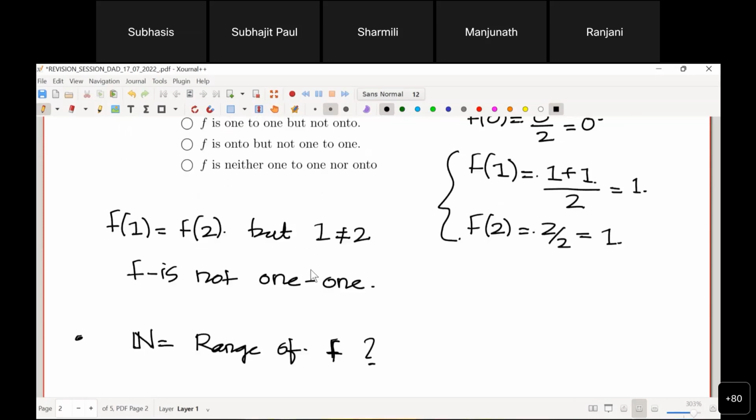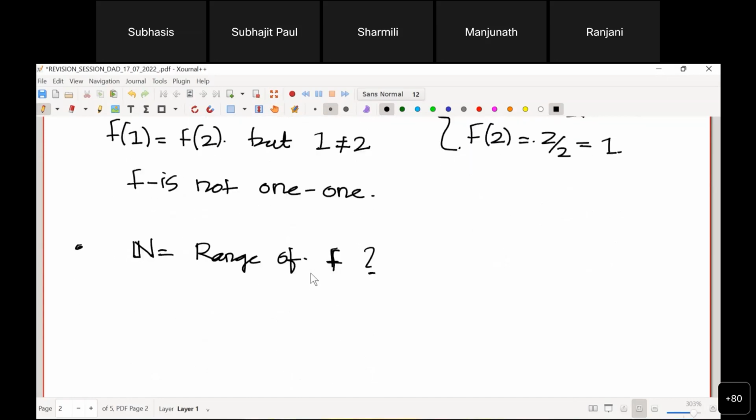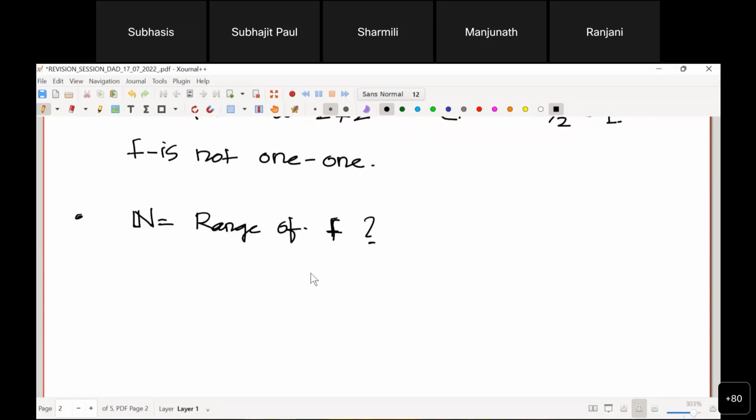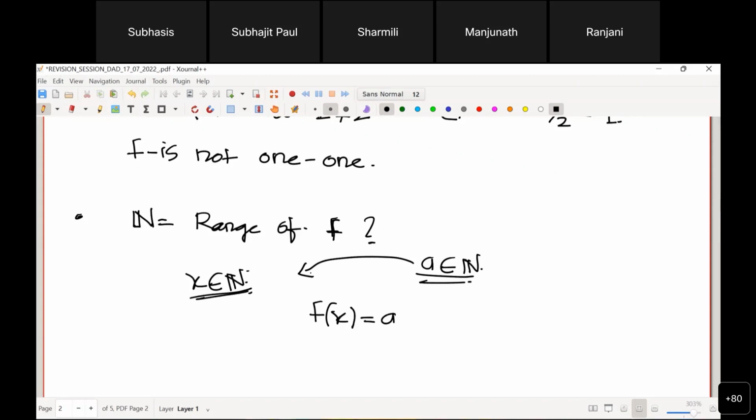To prove that n is the range of this function, I need to pick any element from n, and if I can show that there is an x in the domain, and in this case the domain is also n, such that f of x is equal to a, then I can conclude that my range is n.